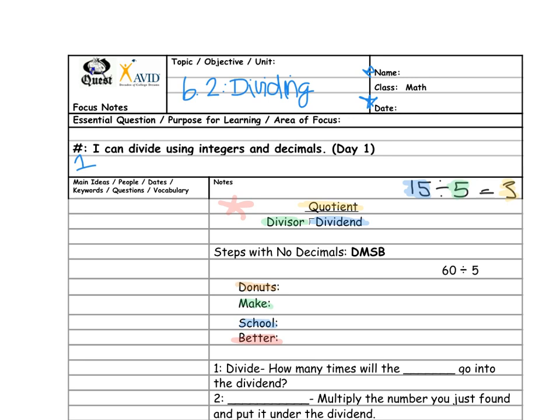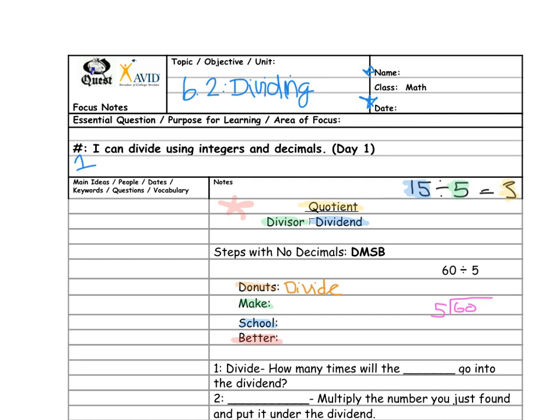So the first step is D, and that step is divide. So let's set up our problem. So we have 60 divided by 5.